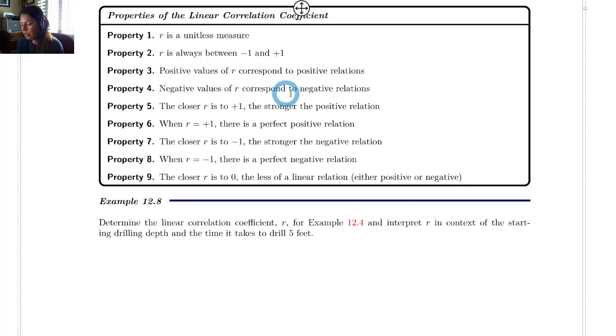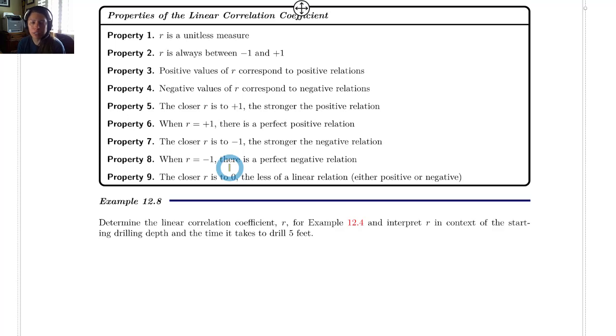The closer R is to +1, the stronger the positive association. And similarly, when R is closer to -1, it gives a stronger negative association. If it is 1, then it's a perfect positive linear relationship. If it's exactly -1, then it's an exactly negative linear association.